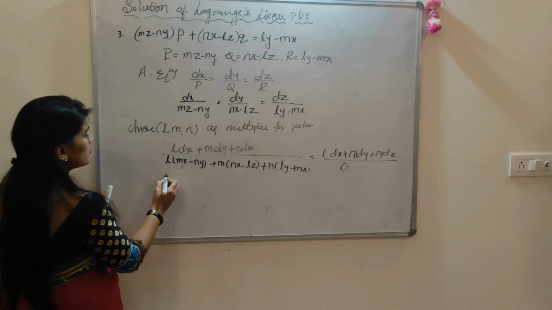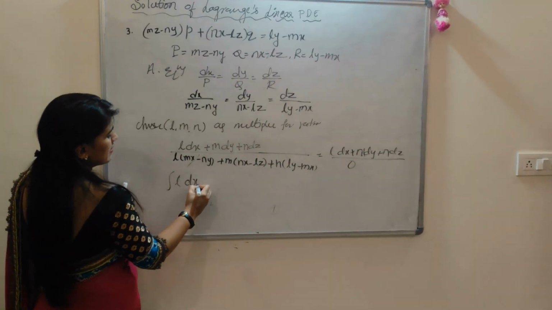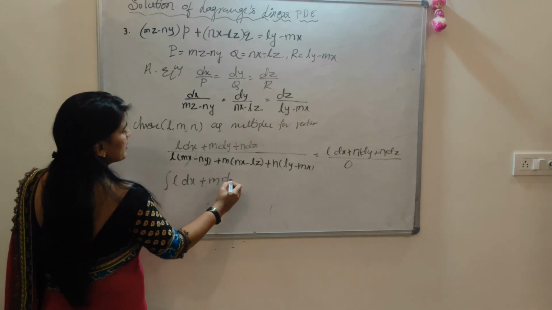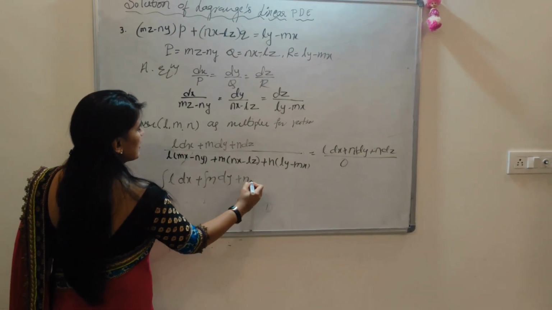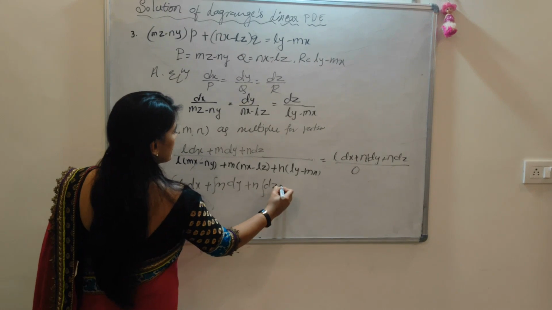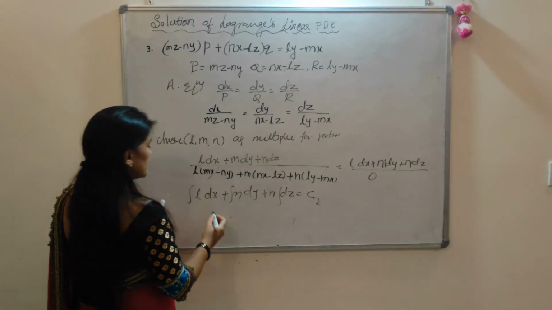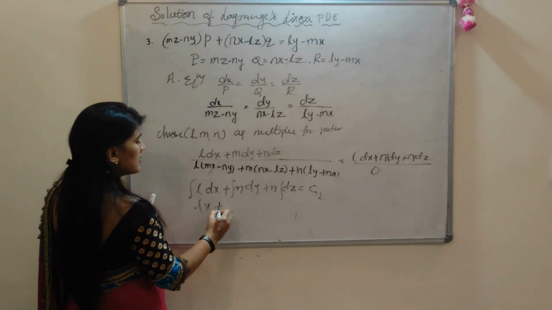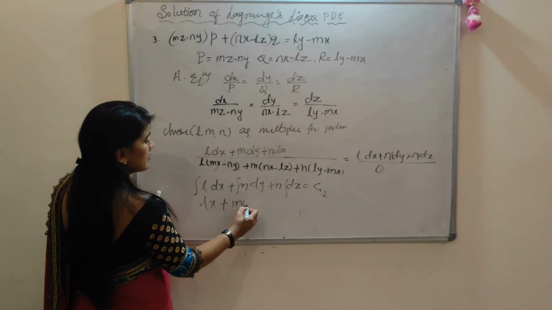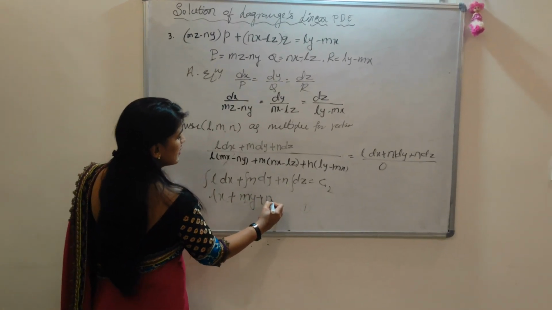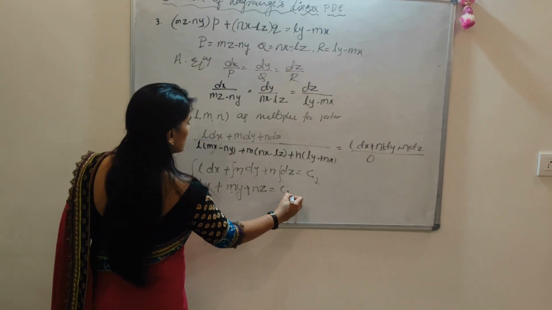After this step, you have to do the integration. l dx plus m dy plus n dz is equal to some integral constant C2. So, lx plus my, since m is constant, plus nz, since n is constant, is equal to C2.